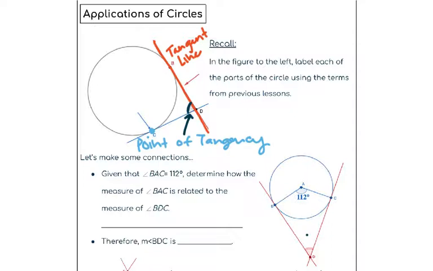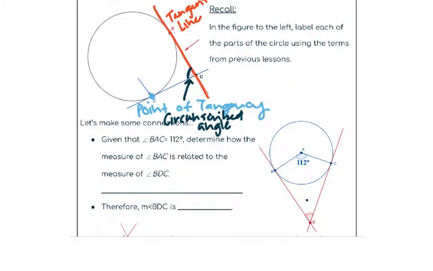Remember that if it is inside, it's called an inscribed angle, or it may be the central angle if it's referring to the center of the circle. But that angle that is outside is called the circumscribed angle. That is a circumscribed angle. And we're going to talk about the relationship of the circumscribed angle to other angles inside the circle.